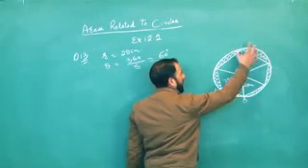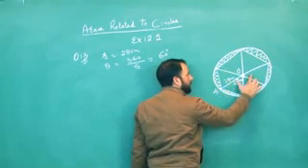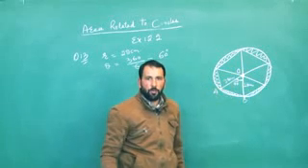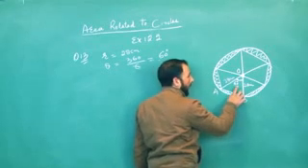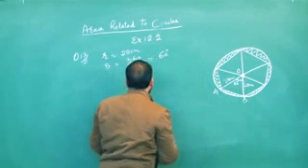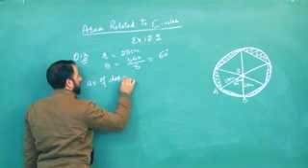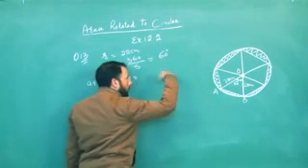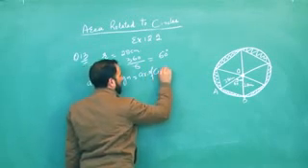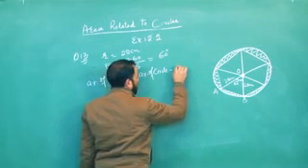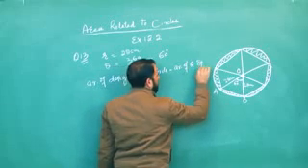The area of a design can be found by the area of the complete circle minus the area of 6 equilateral triangles. In this equilateral triangle, we have the side given and the angle given. So the area of design is equal to the area of the circle minus the area of 6 equilateral triangles.